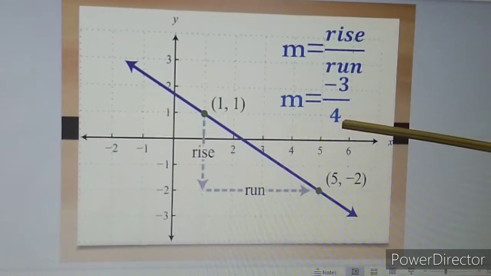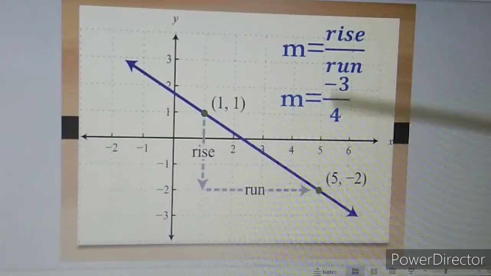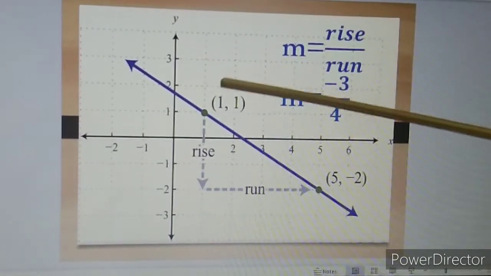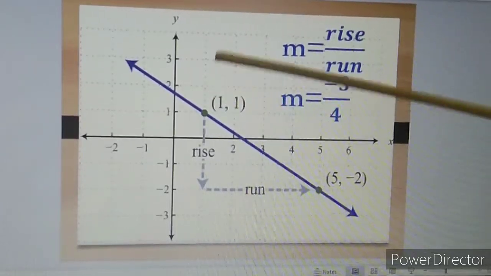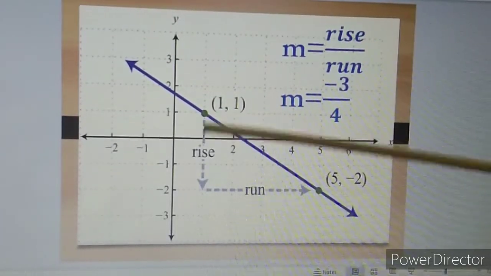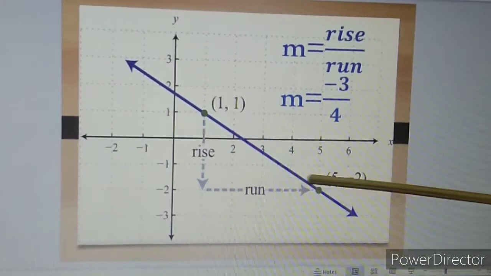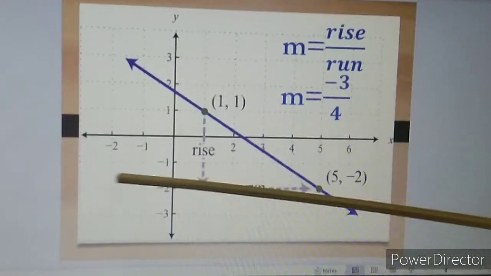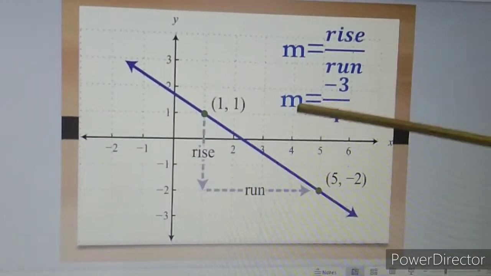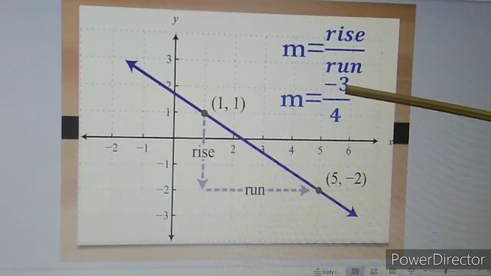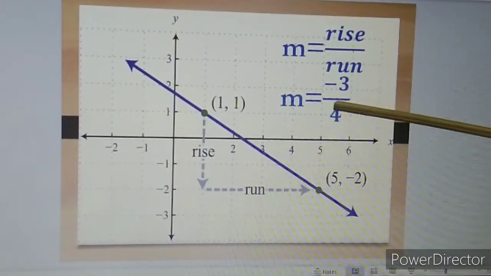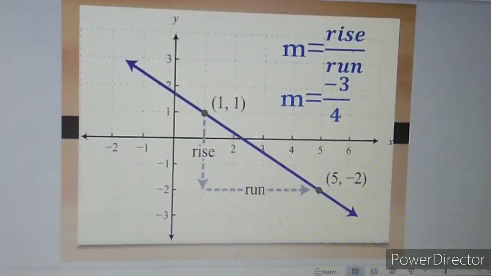But if it is going to the right, that is positive. Same with the rise. Rise is going up, positive, going down, negative. In our run, going to the right, positive, going to the left is negative. Therefore, the slope of this line is -3 over 4, or -3/4.